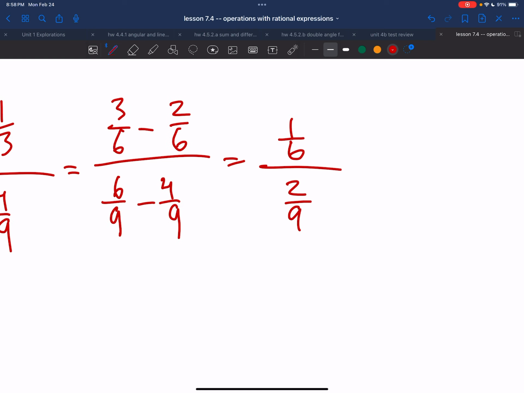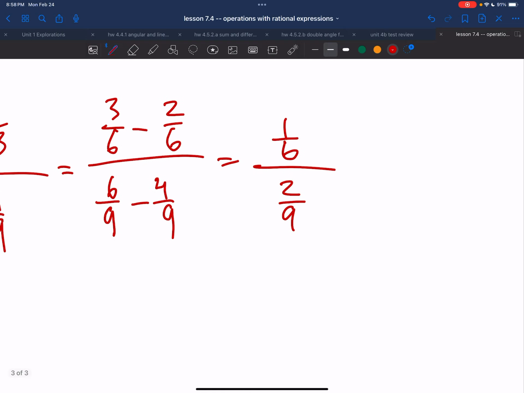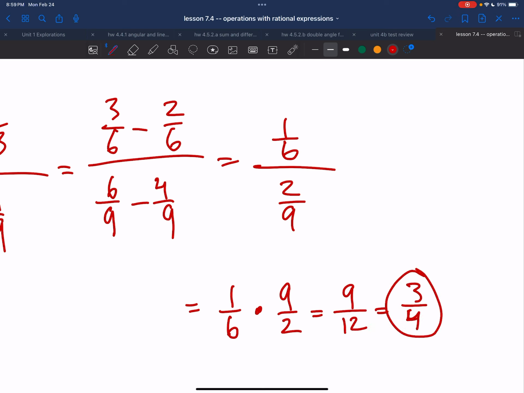Now that you have those fractions combined, that's just 1/6 divided by 2/9, and the way you divide fractions is keep, change, flip. So keep the 1/6, change to multiplication, flip to become 9/2, multiply across, it's 9/12, which simplifies as 3/4.